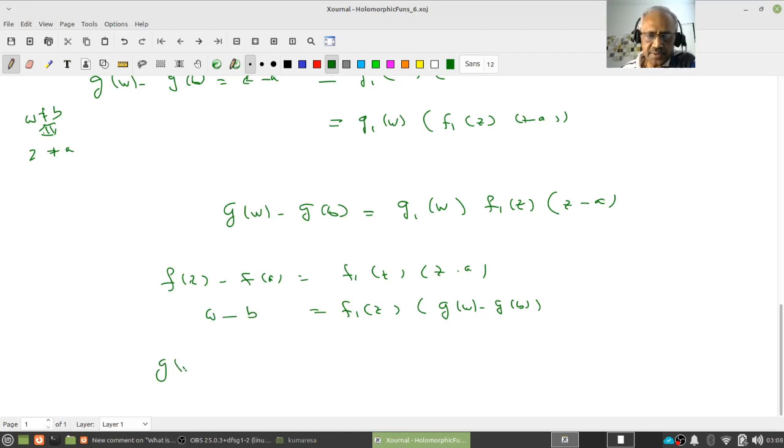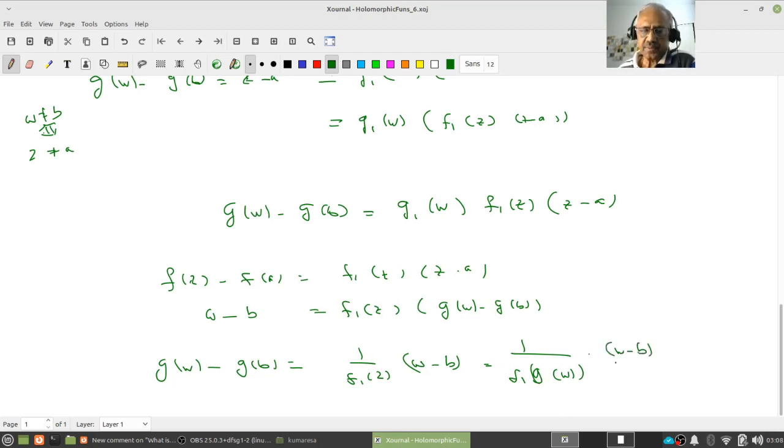Therefore g of w minus g of b is 1 by f1 of z into w minus b, but this is 1 by f1 of g of w into w minus b. Are you following?